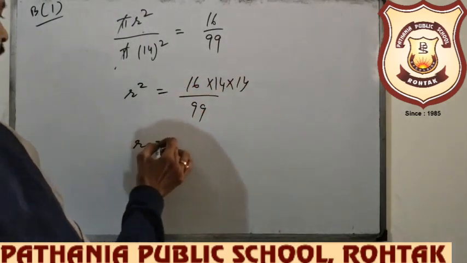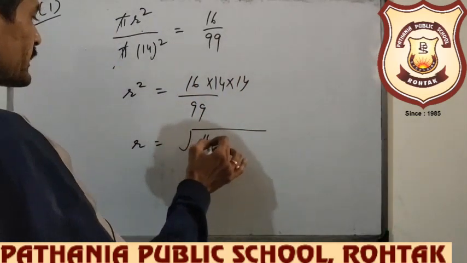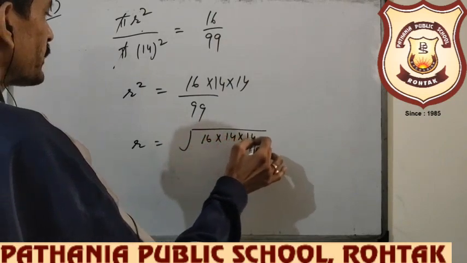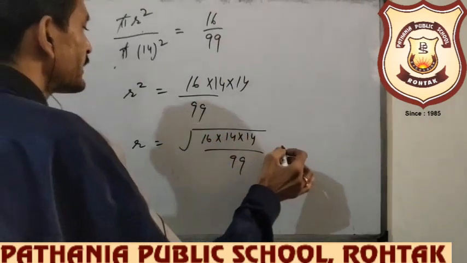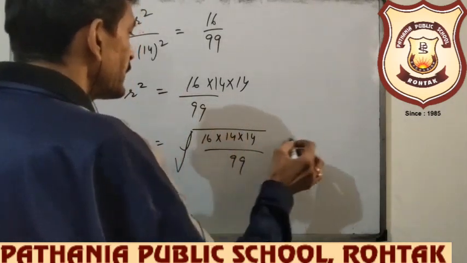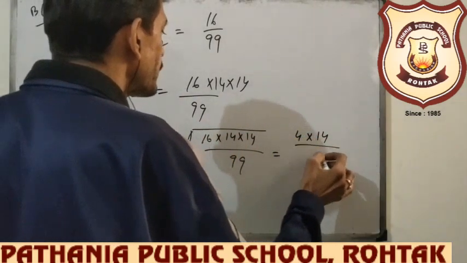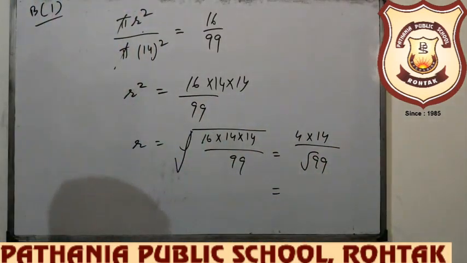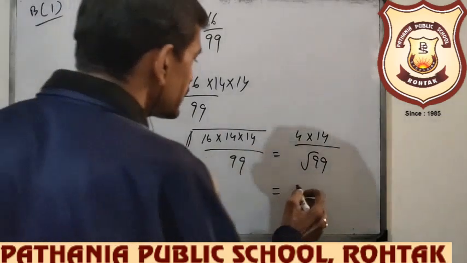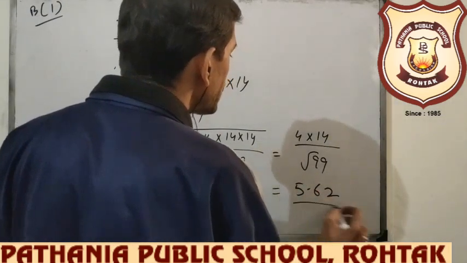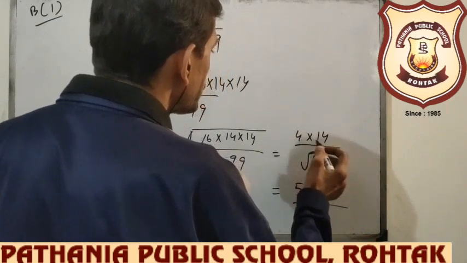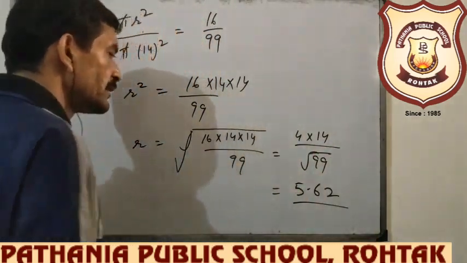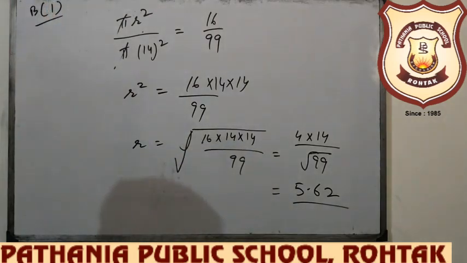Then r will be the square root of all this, 16 into 14 into 14 upon 99. 16 का अंडर रूट क्या होता है, 4, 14 स्क्वेयर का अंडर रूट 14, upon under root 99, and under root 99 is 9 point something. ठीक है, you check it, and the answer should be 5.6. And you can write like this: 14 4s are 56 upon 9.98, take under root 99.